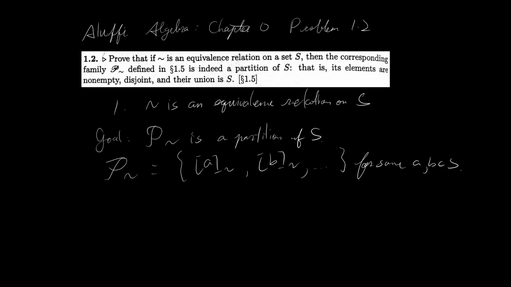So we can see that to prove that it is a partition of S, we need to prove three parts. Firstly, that its elements, which are the equivalence classes, are non-empty, that it is disjoint, and that their union is S. So first we want to prove that they're non-empty. I think we may safely assume that the question means that S is non-empty itself.